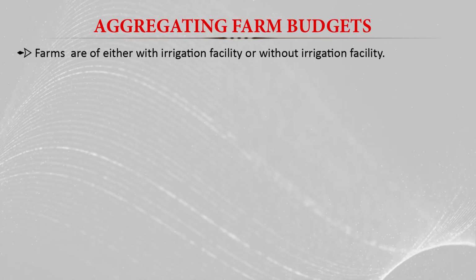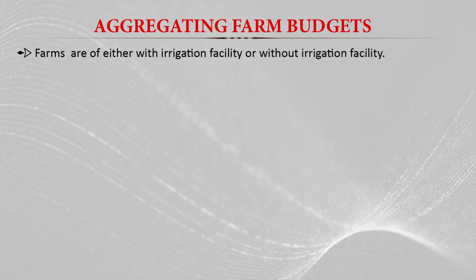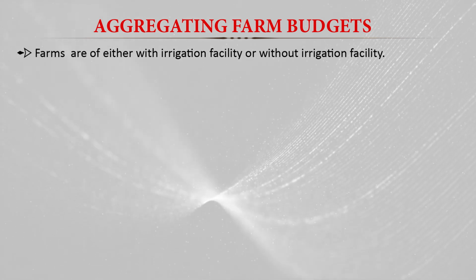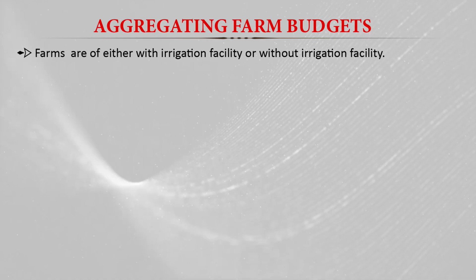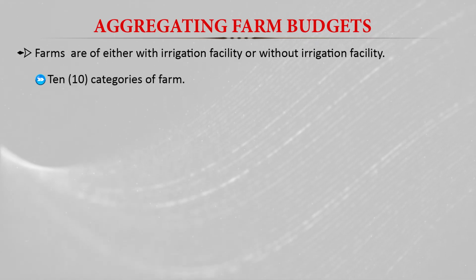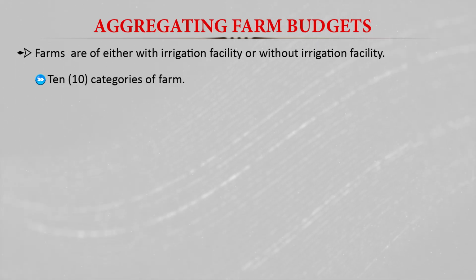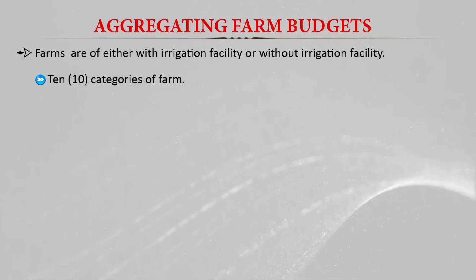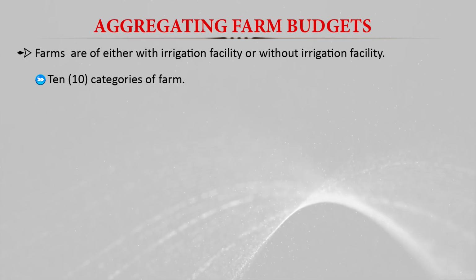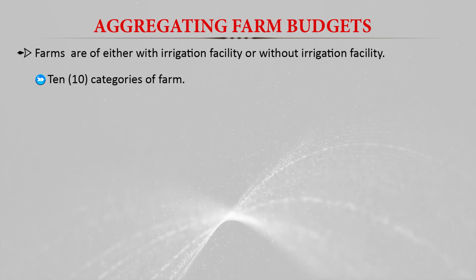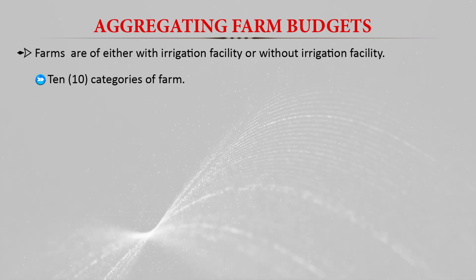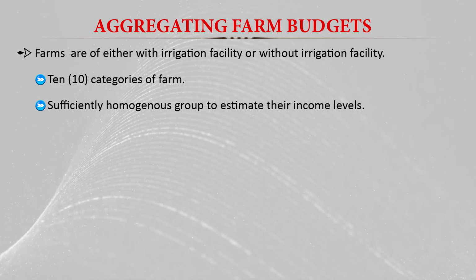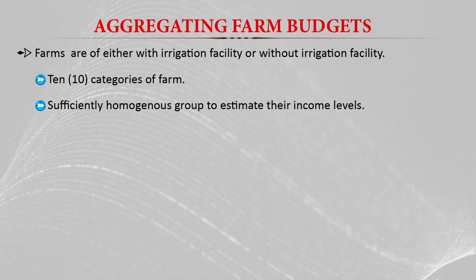And the farms either will have irrigation facility or will not. So in total we can classify farms into 10 categories, like marginal farm with irrigation facility, marginal farm without irrigation facility, and so on. These are sufficiently homogeneous groups to estimate their income level.